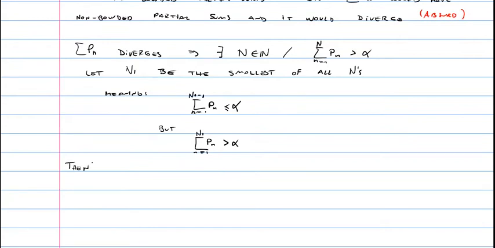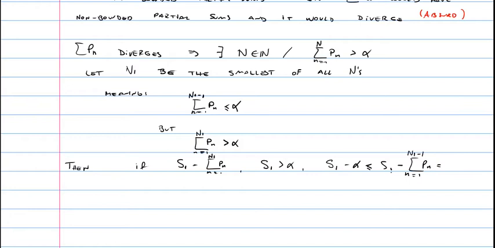Then, if we call S1 this sum from n equals 1 up to n1 of p sub n, S1 is greater than alpha. And then S1 minus alpha is smaller than or equal to S1 minus the sum from n equals 1 up to n1 minus 1 of p sub n.